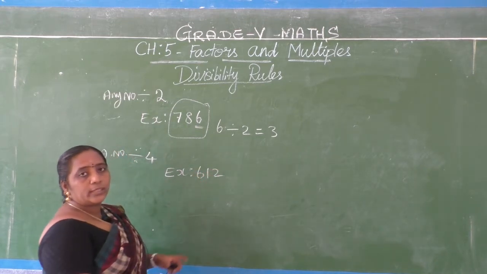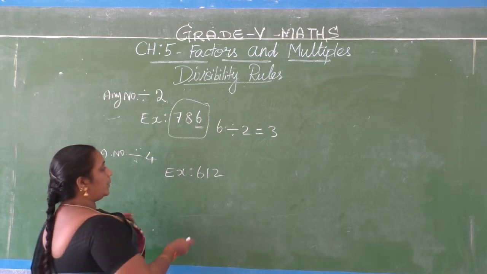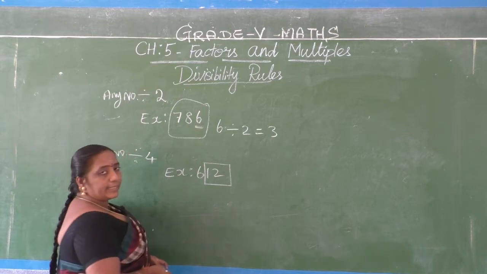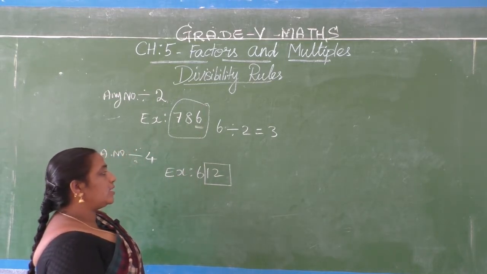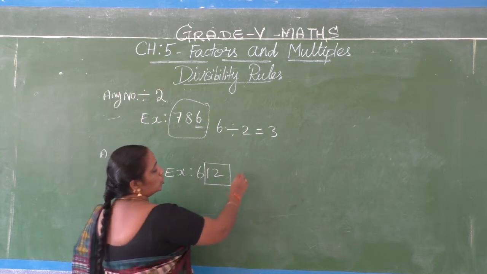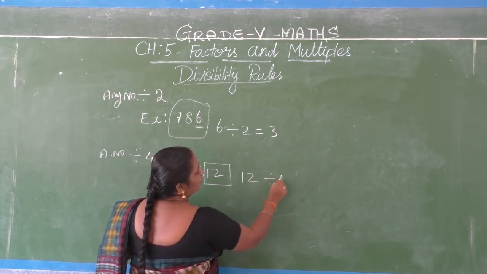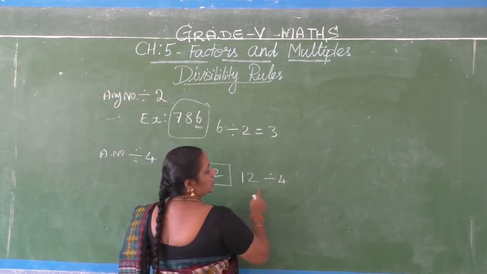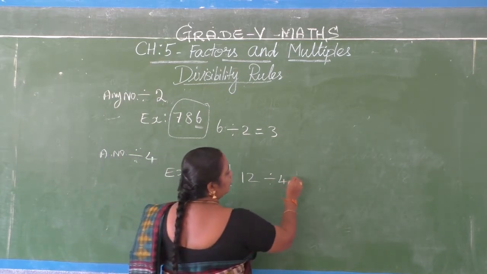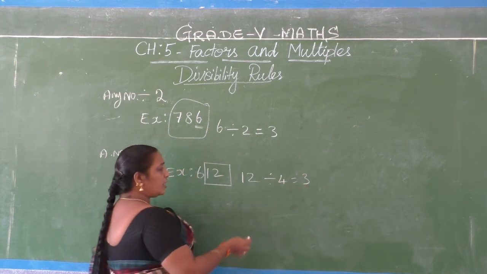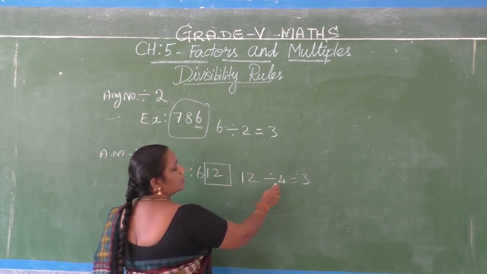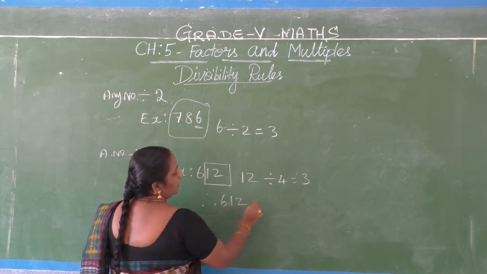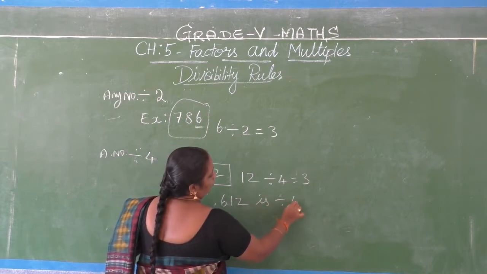Here you have to check both places, ones place and tens place. In ones place and tens place together you have 12. If 12 is divisible by 4, then this whole number will be divisible by 4. How many 4s are there in 12? 3 fours are 12. So this 12 is divisible by 4, therefore the whole number 612 is divisible by 4.